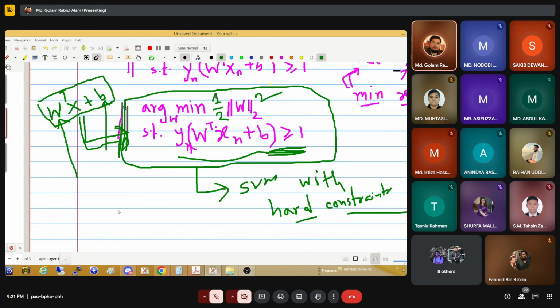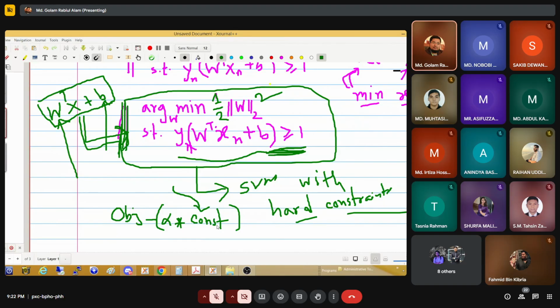At first we write the objective function, and then for each and every constraint we add a Lagrange multiplier, usually called alpha, and multiply it with our constraint. These constraints must be equality constraints.